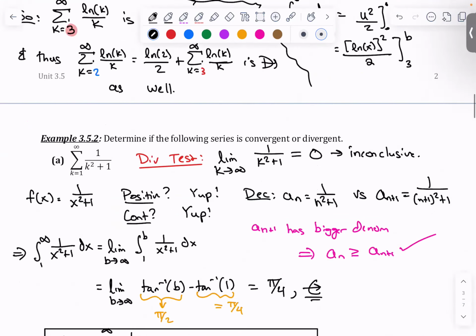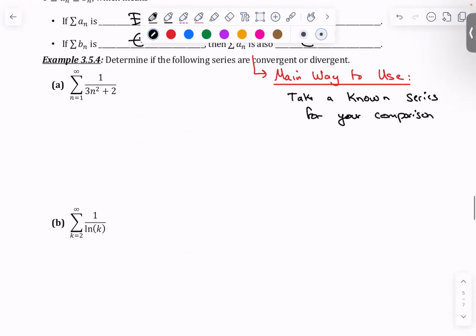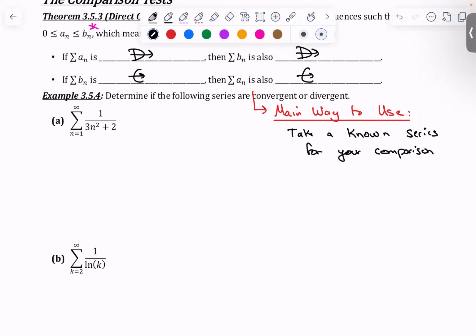So looking at this one, note 1 over n squared and then 1 over 3n squared plus 2. Which one's larger? Take a second, don't answer out loud. Should I write a greater than or equal to or a less than or equal to?